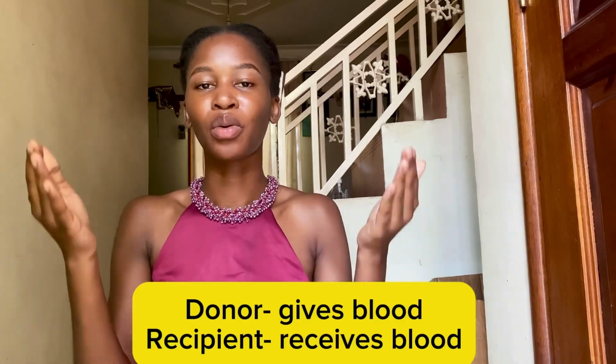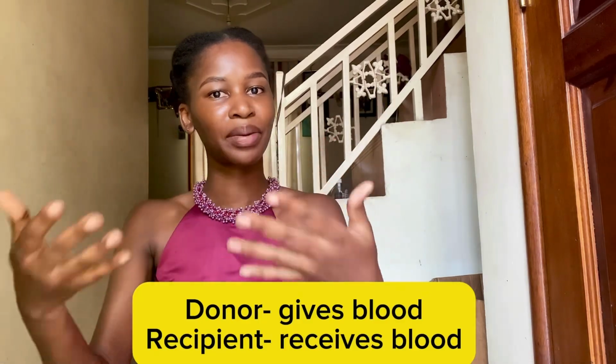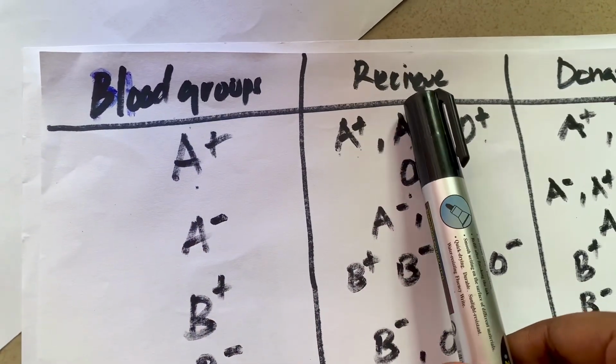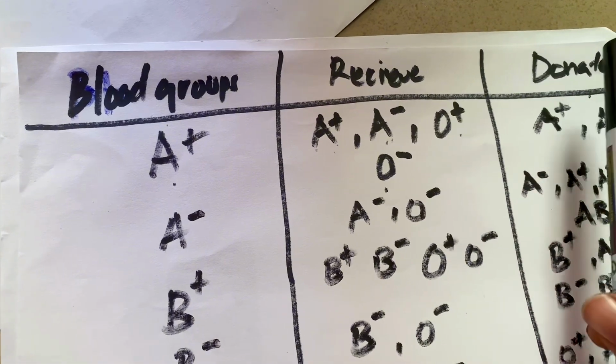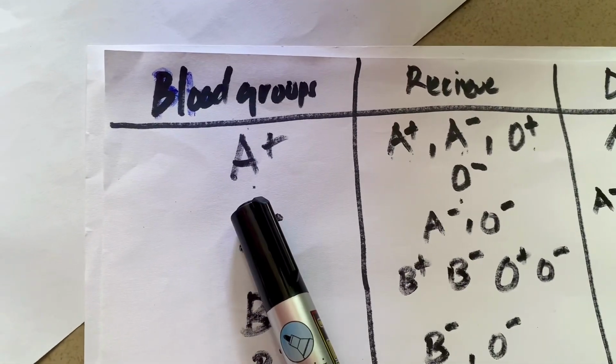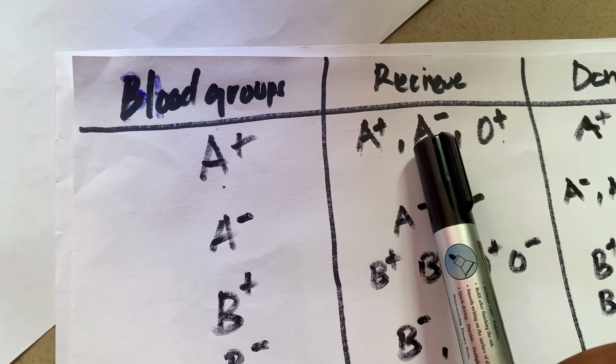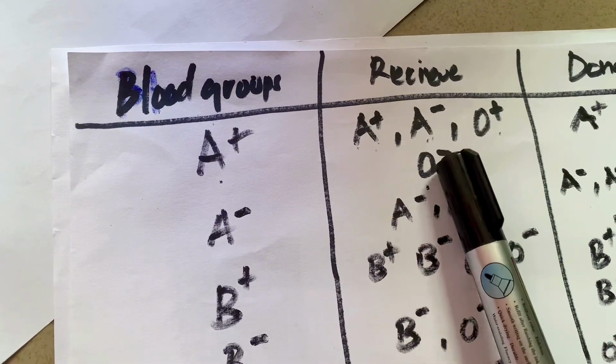So now let us see who are the donors, who are the recipients, who can give whom blood. We have our blood groups, whom they can receive from, and whom they can donate to. We start with A positive. A positive can receive from A positive, A negative, O positive, and O negative.